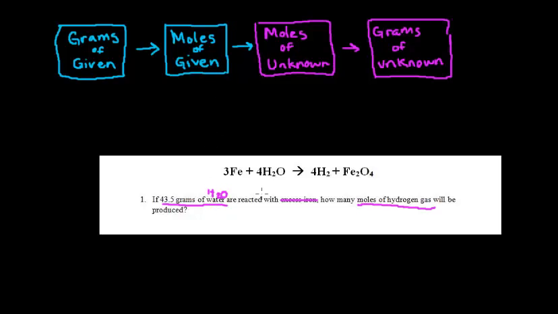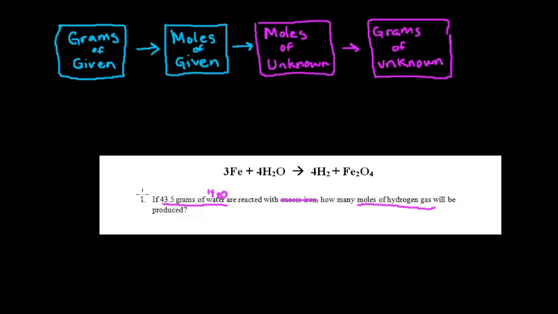So when you think about water and hydrogen, the only time I can convert between H2O and H2 is when I'm doing a mole to mole ratio. Other than that, moles to grams, we know how to do those types of conversions because we've been practicing them for a long time.